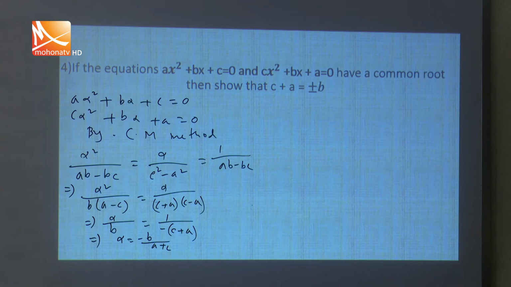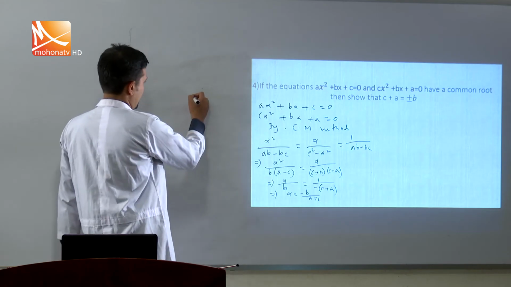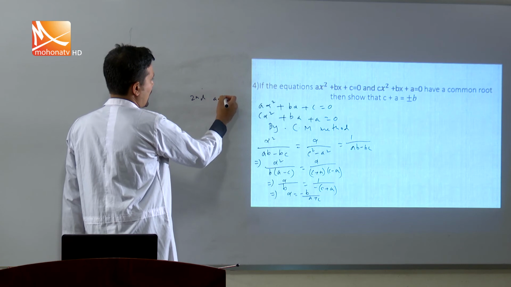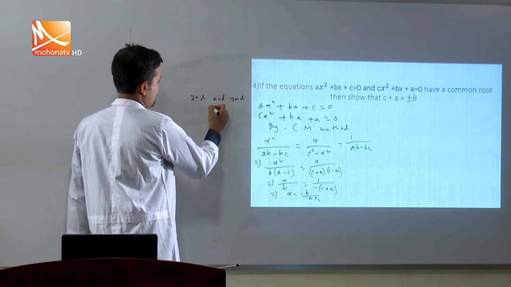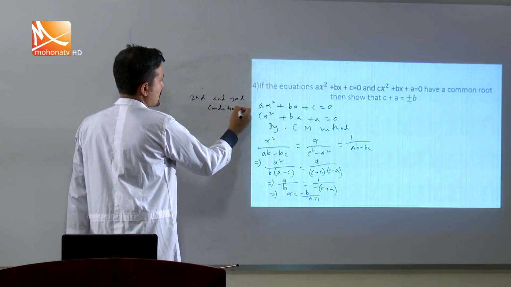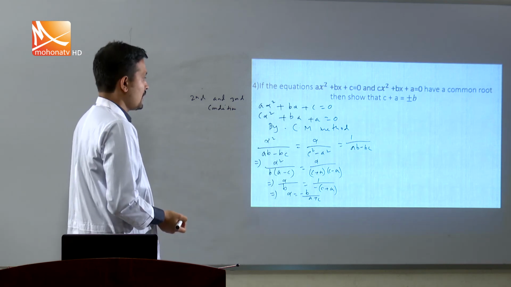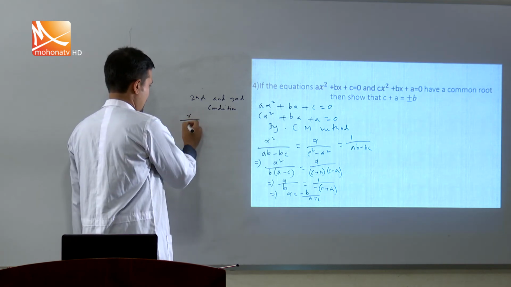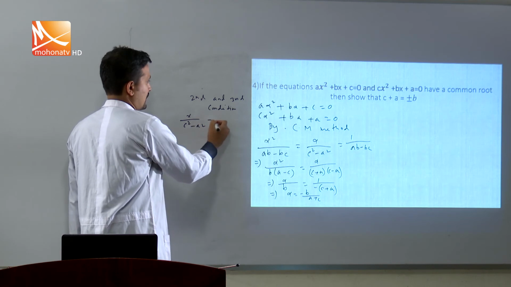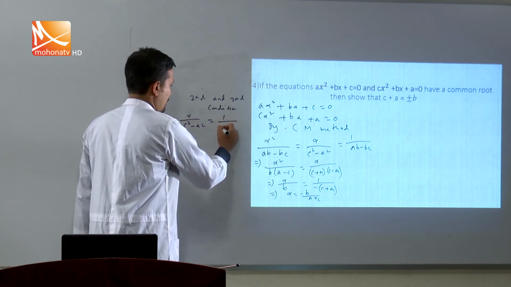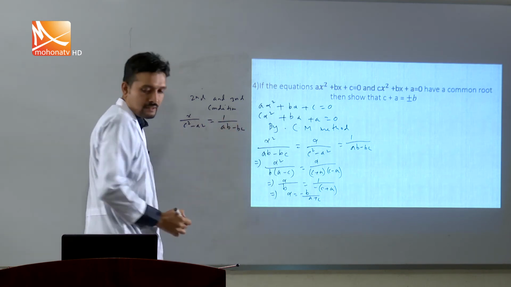From the second and third condition, alpha by c square minus a square equals 1 by ab minus bc.